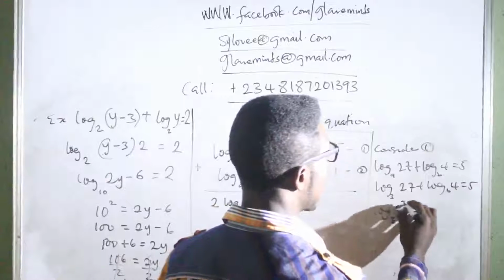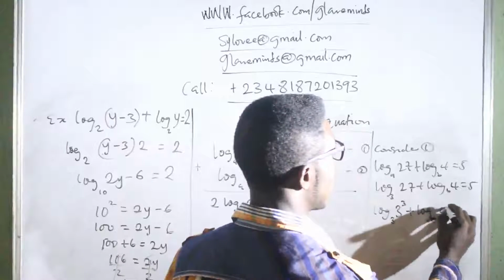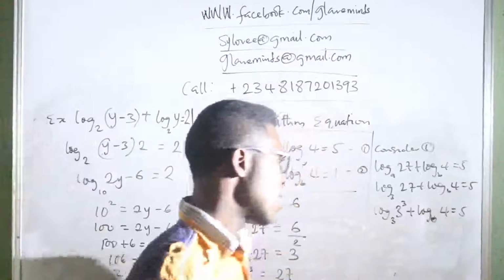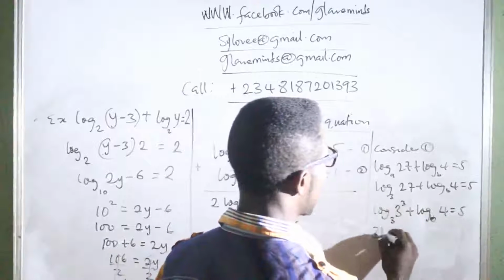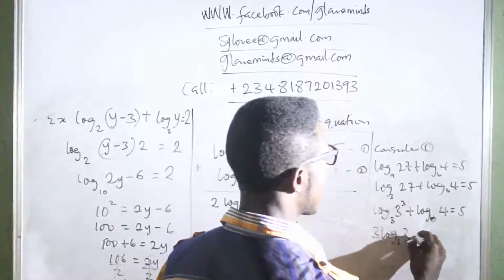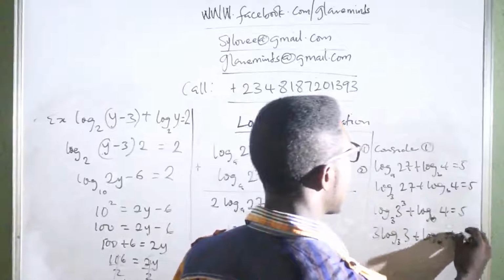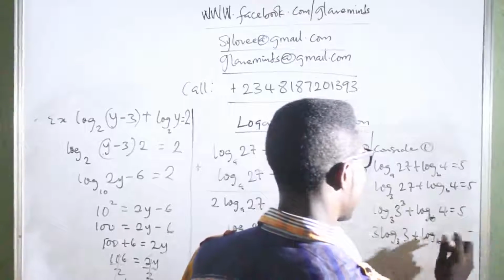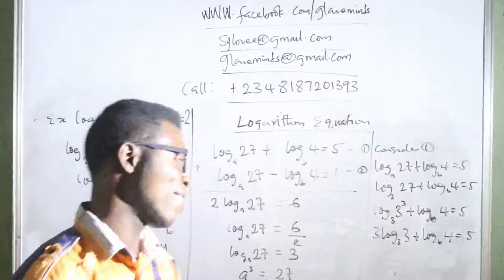So we're going to have log 3 base 27, which is 3, plus log b 4 equal to 5. Now this comes out to the side, log 3 base 3 plus log b 4 equal to 5. Imagine if I'm talking this way, so scary.